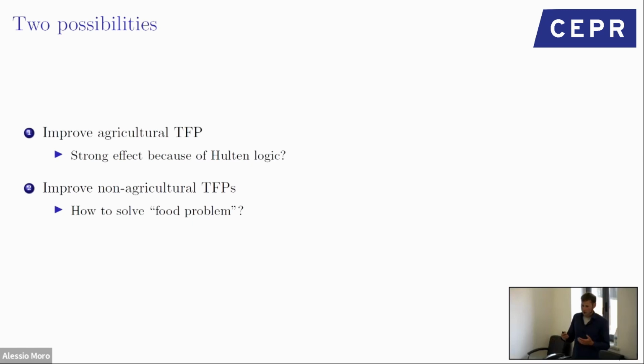Halton's logic would suggest initially, yes, you get a big kick out of it, but this effect peters out quite rapidly. The second exercise we do is suppose you increase non-agriculture TFP in Burkina Faso to the US level. What happens then? In particular, the big question is how does this economy solve the food problem? Because they are stuck with their low TFP in agriculture.